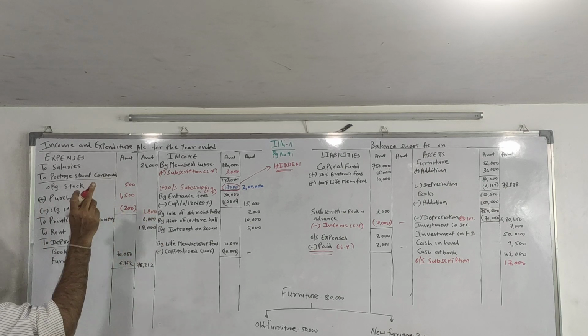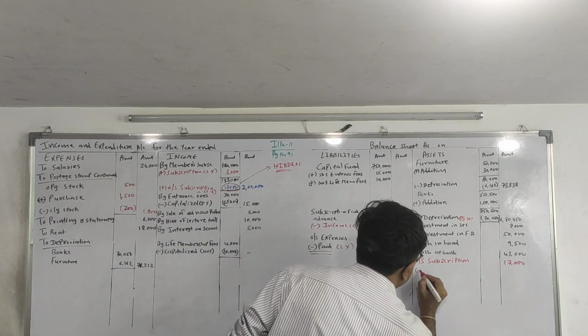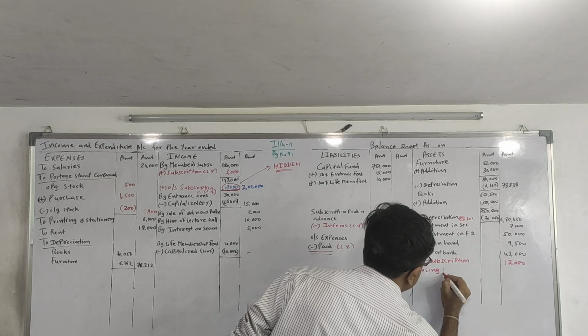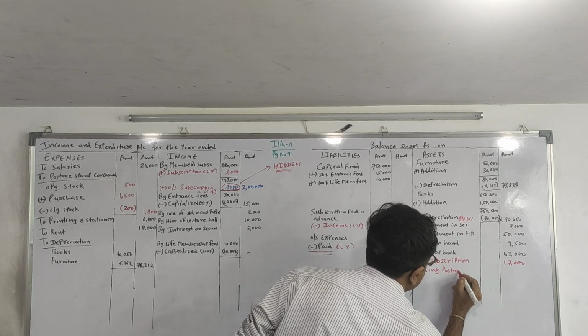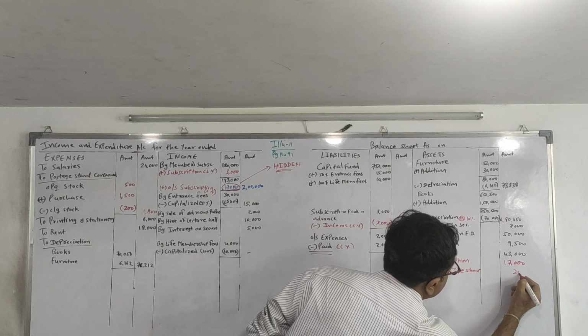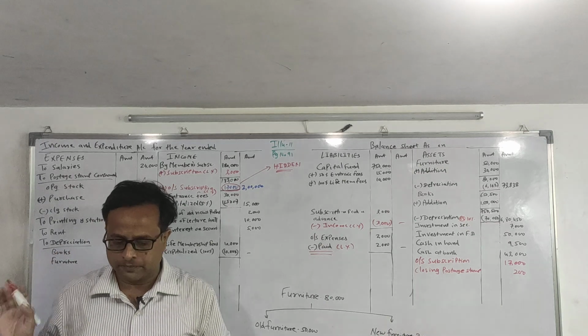And the second effect of this unused postage stamp, that is closing stock, on the asset side. Amount is 200.